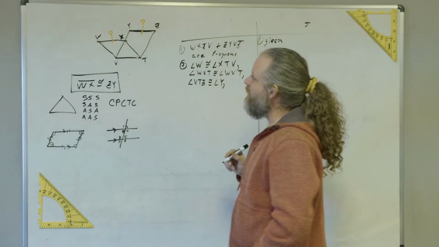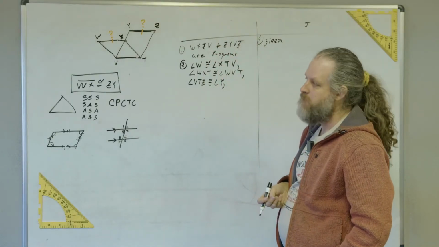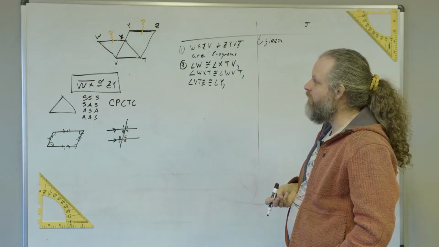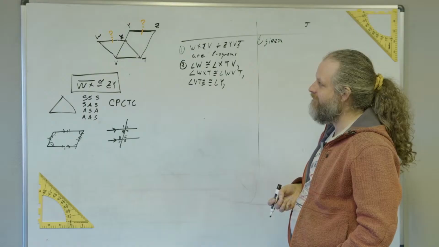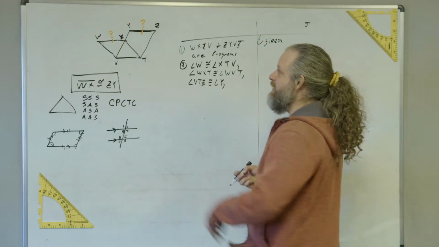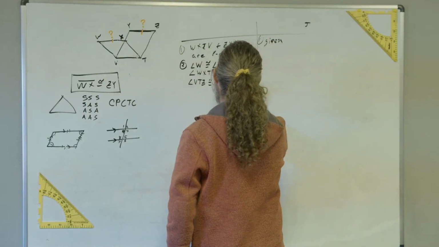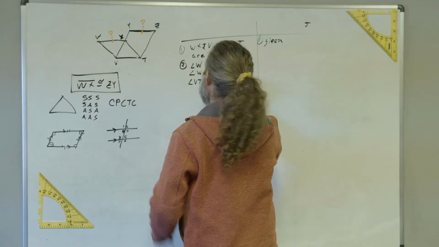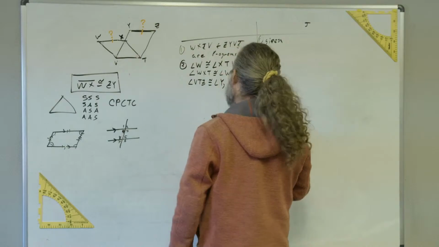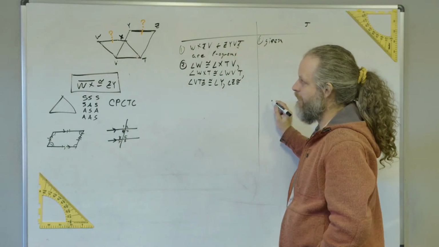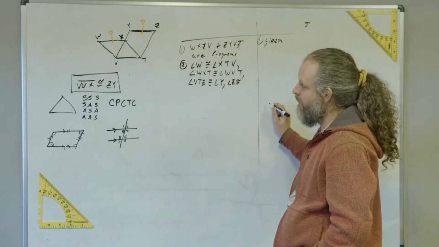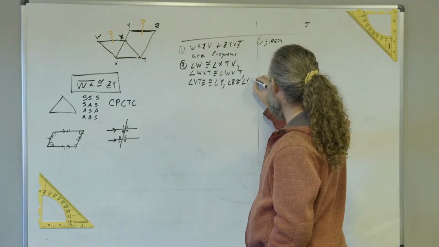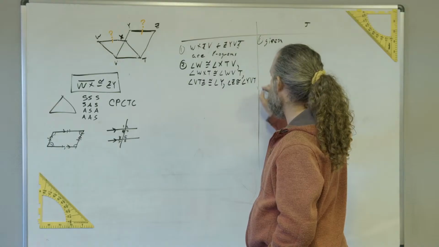Okay, so what are the other ones? YZT. It's just Z, so it's by itself, so we'll just do Z. But you're right. That's exactly where it is. YZT is this one. And it's congruent to which one? The YVT.